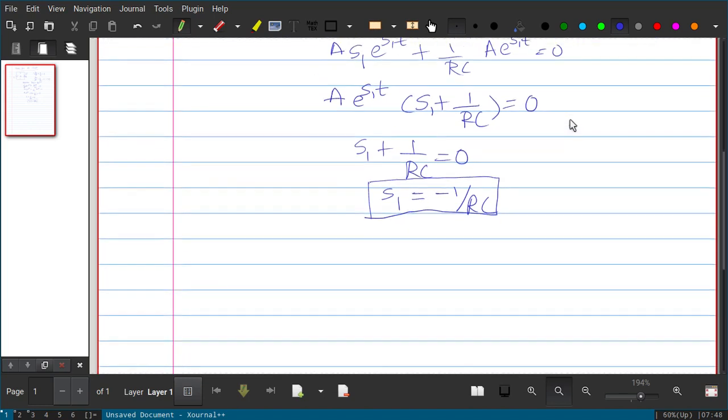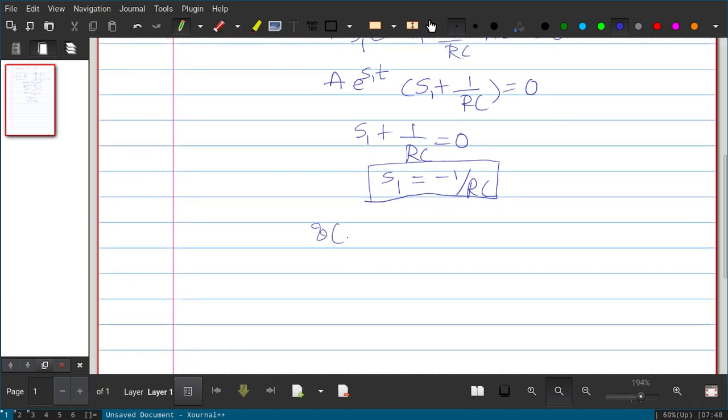What is the assumed solution? V of t equal to A e power s1t, and in that we will substitute s1, giving A e power minus 1 by RC into t.